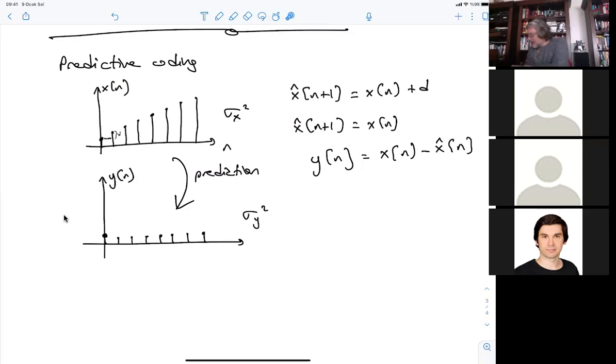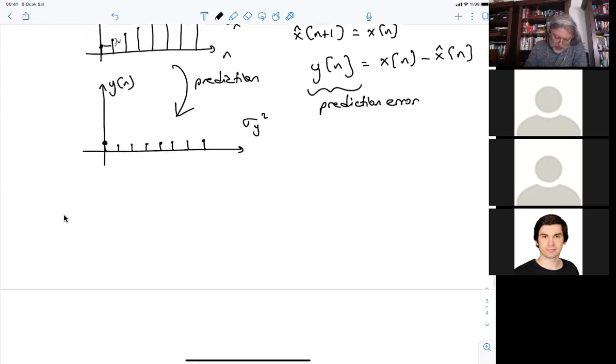And as a result, this y of n signal will be our prediction error. And that is the sequence that we will try to compress or represent. Now, there are two ways to approach this predictive coding problem.